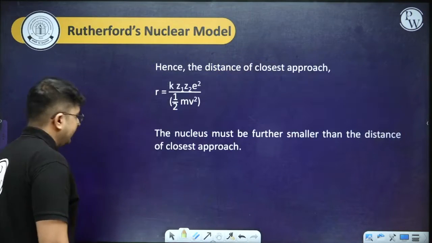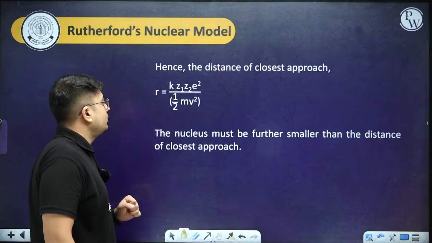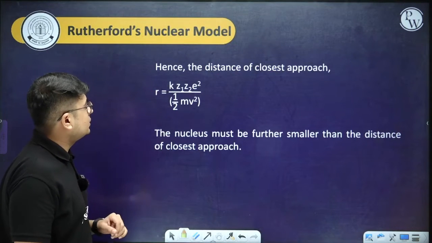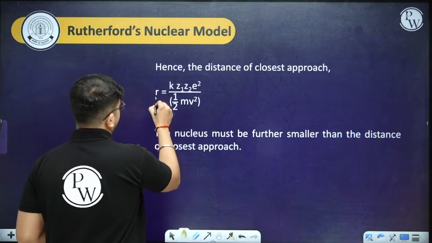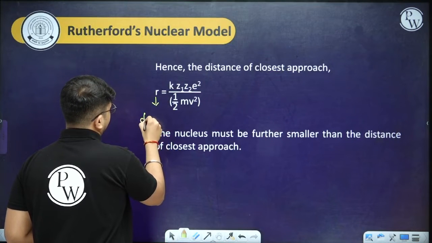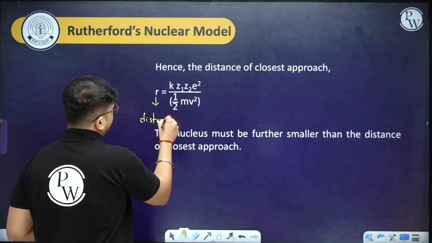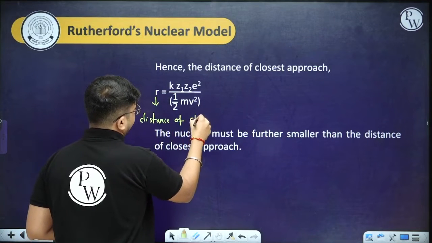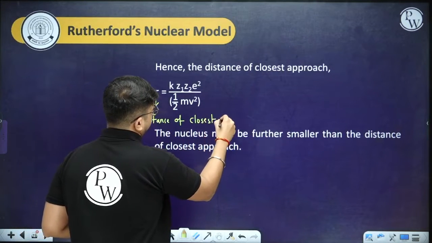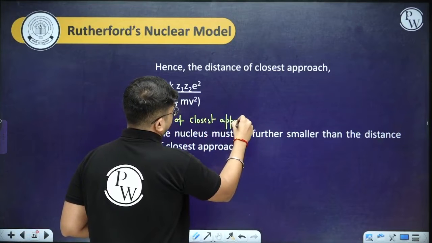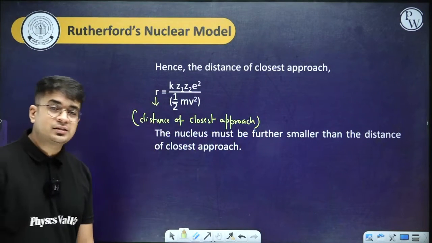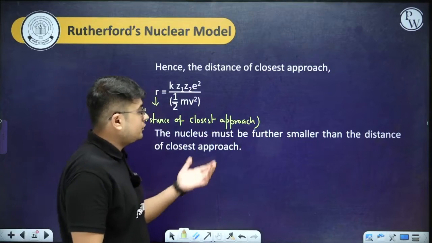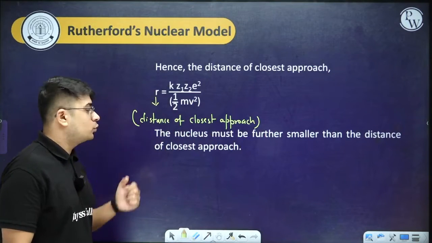Now in that case, this R value will be equal to K Z1 Z2 e square upon half mv square. That R is basically the distance of closest approach. The nucleus must be smaller than the distance of closest approach.